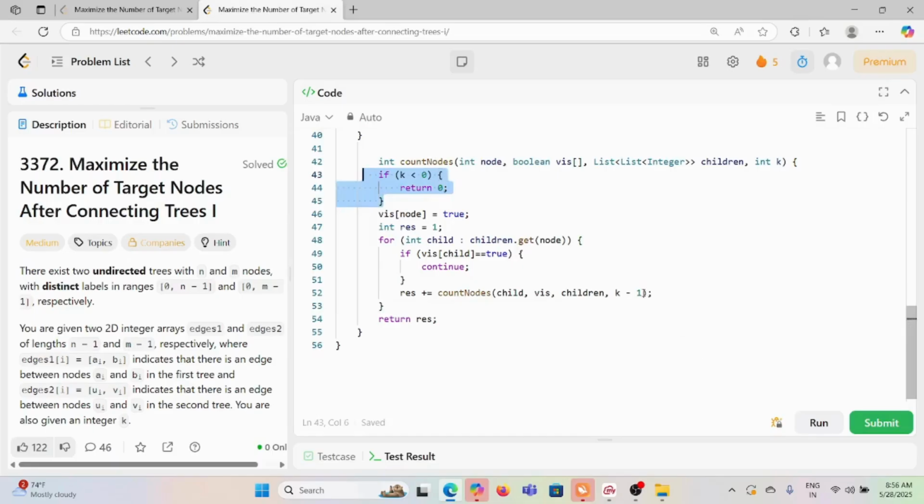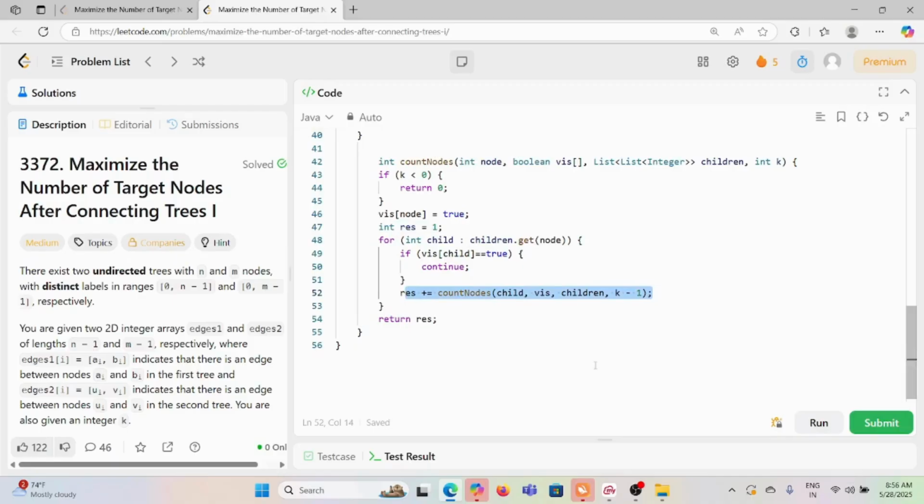Every time we are decreasing by 1, so there would be a point when it goes lesser than 0, right? At that time we directly return 0 here. So that would be the breaking condition. Now you can see that we started with res equal to 1, so when the breaking condition comes, we return res equal to 1. So every time it is 1, 1, 1, 1, that keeps on counting, correct?